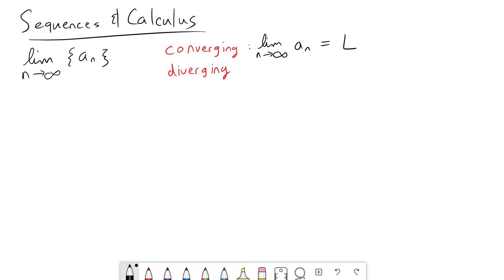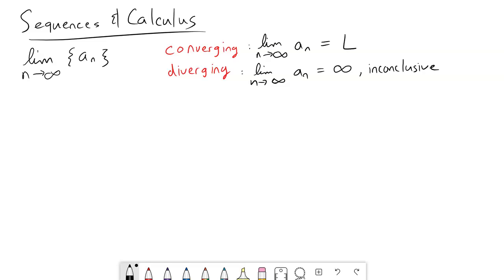We're going to give it L. L is the number. Diverging is when the limit as n approaches infinity of a of n is infinity, negative infinity, or inconclusive, and we'll see why inconclusive is given as an option.